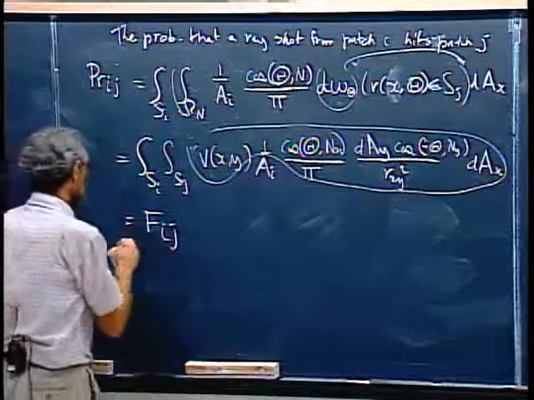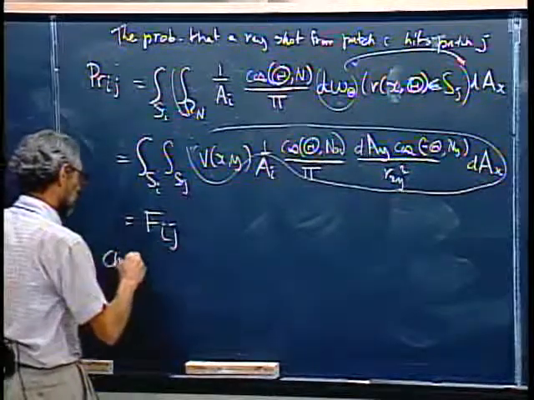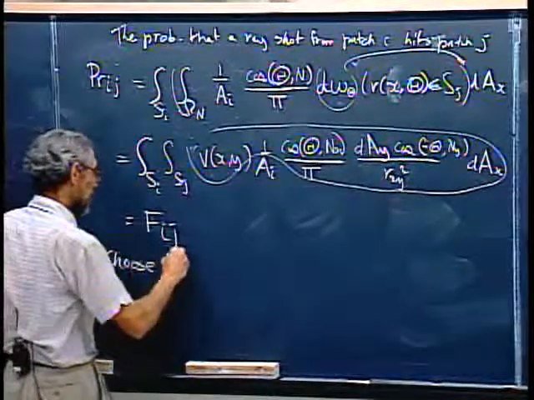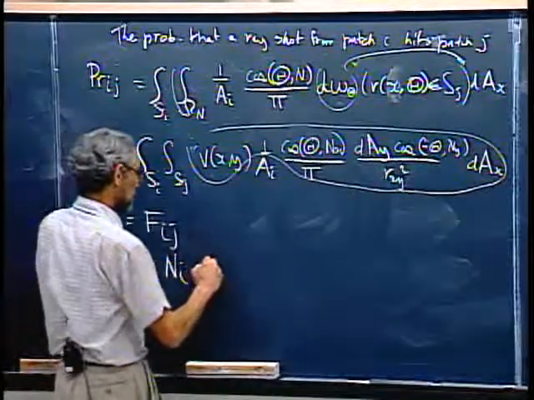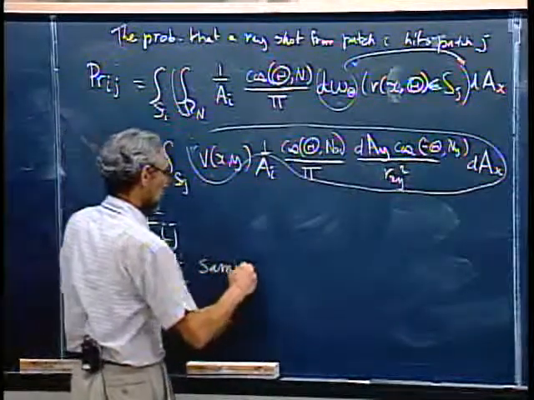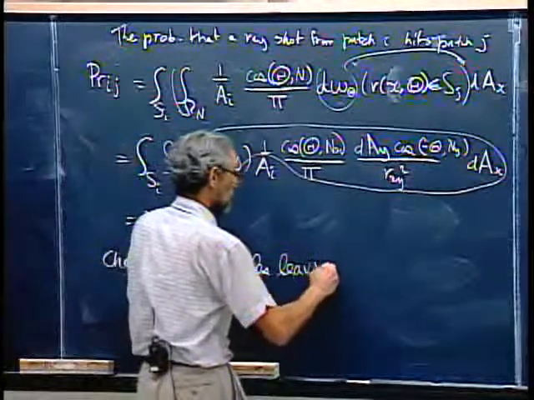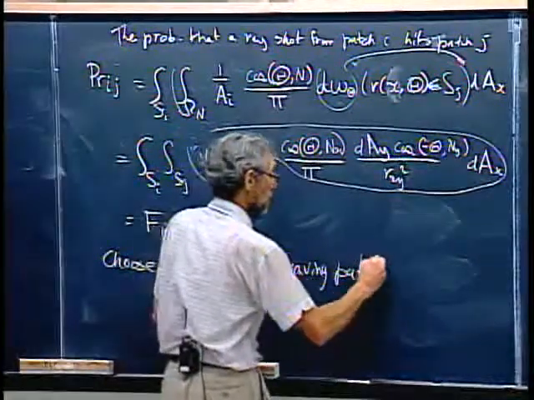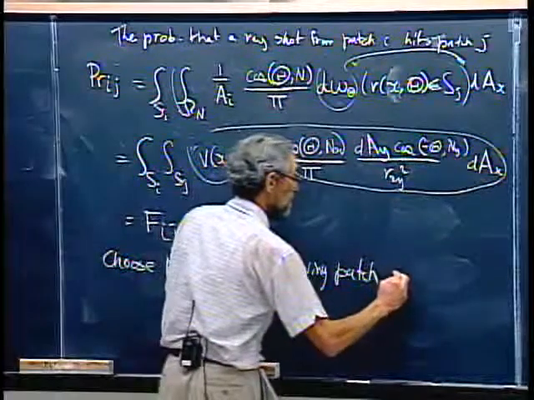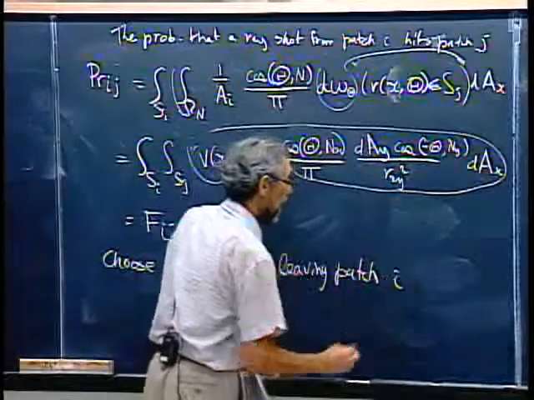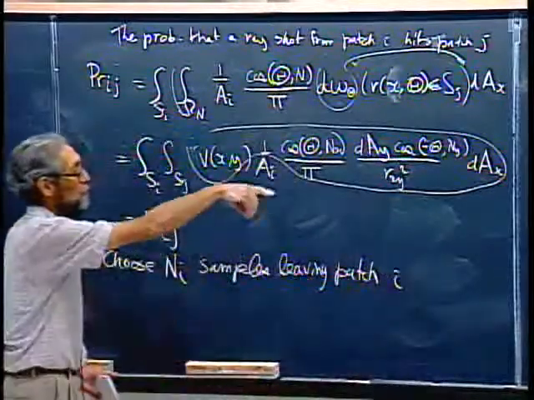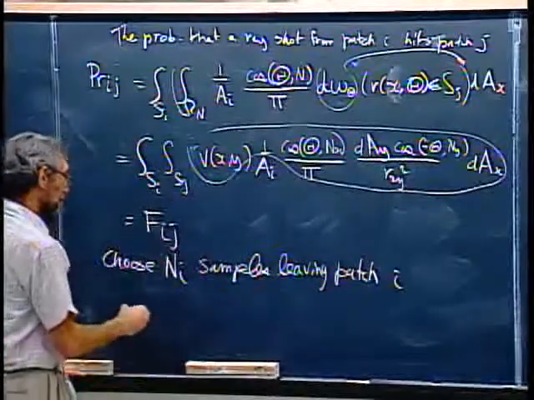Okay, so we can get the form factor just by this probability. So basically, we'll choose, say, Ni samples leaving patch, well, patch I, now I can see why. See, I shouldn't have changed my notes to J there.